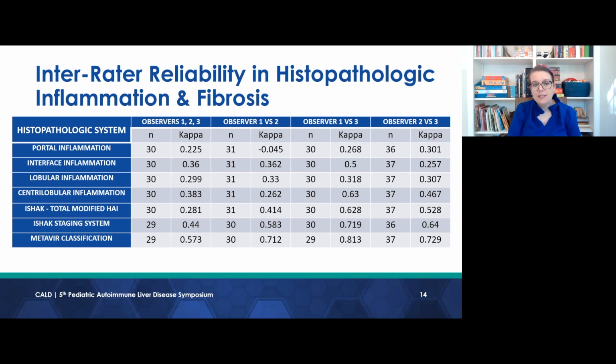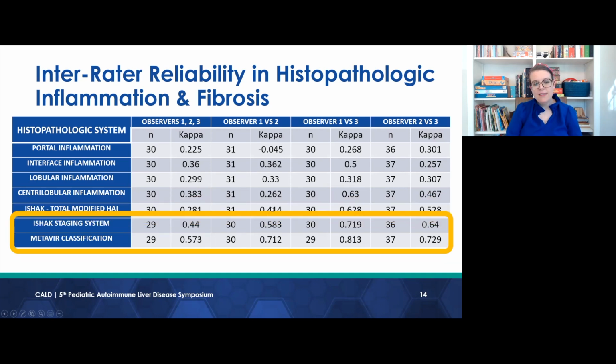And for this study, you can see here that we had 3 different pathologists who took a look at the tissue, and I'd like to highlight that this Ishak, which is not the Ishak fibrosis, but is a way of assessing inflammation, seemed to have some of the highest inter-rater reliability when you look at individual reviewers compared with one another.